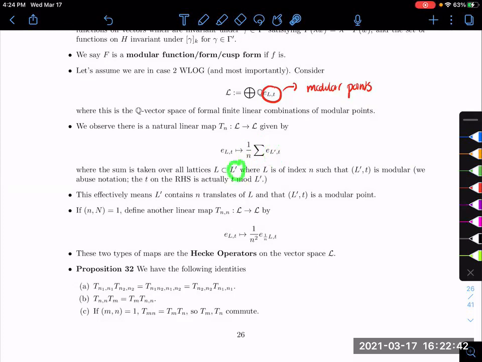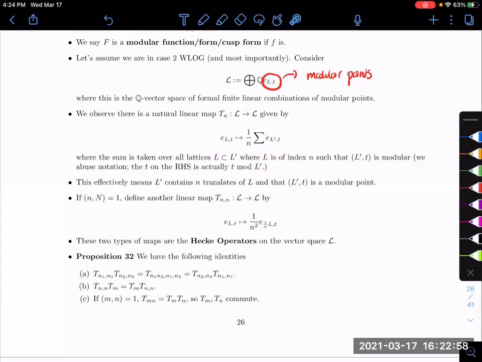They are lattices that contain the starting lattice L, but L has to be of index n in L'. So that really means there's like n translates of L inside L'. And then we're also going to require, of course, that (L', T) actually be a modular point. Otherwise, we're not actually mapping to the space L, right?